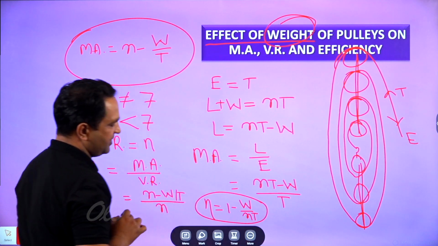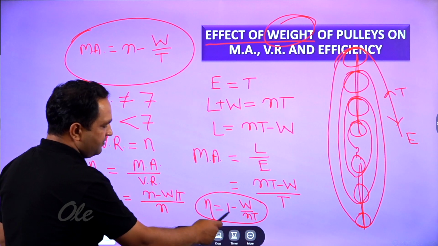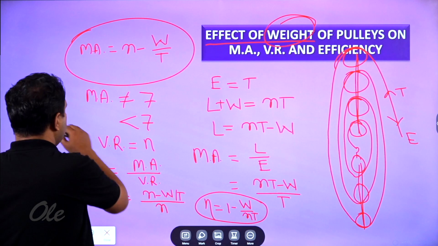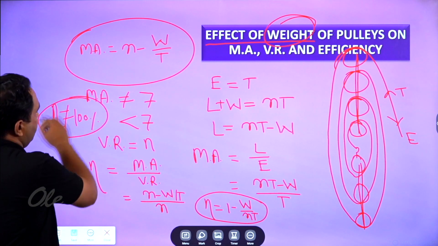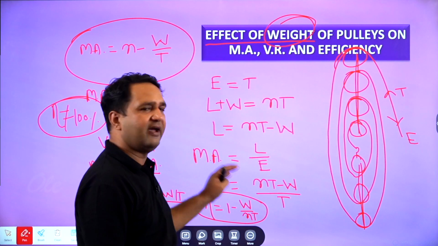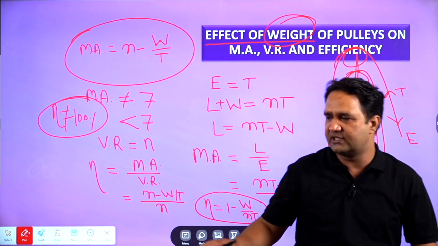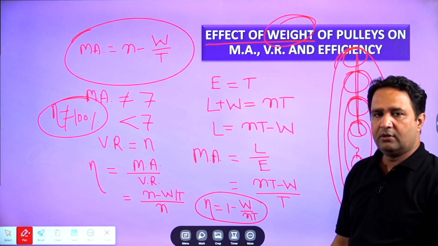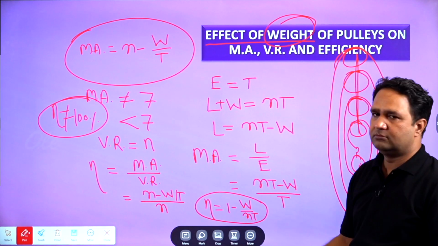Means it is not 100%. Efficiency will be decreased. 1 minus means we are subtracting some value from 1. Hence efficiency will not equal 100%. What does it mean? If we are considering the weight of pulleys, then we will not get the value of efficiency 100% and the value of mechanical advantage N, right?